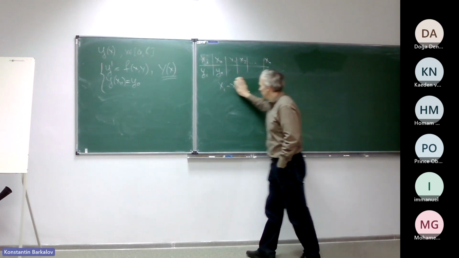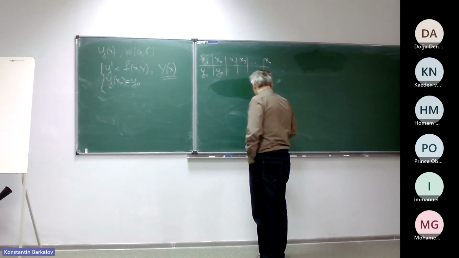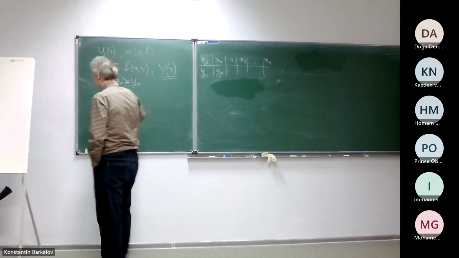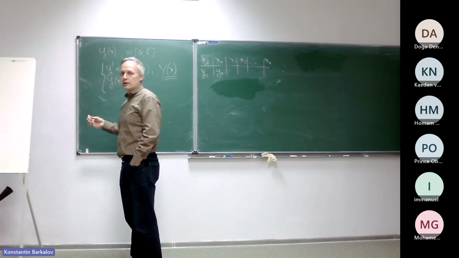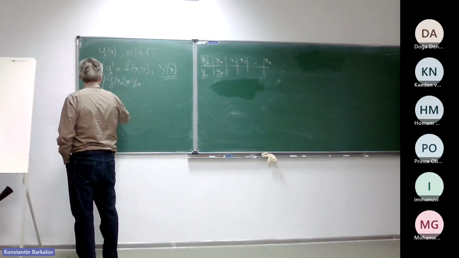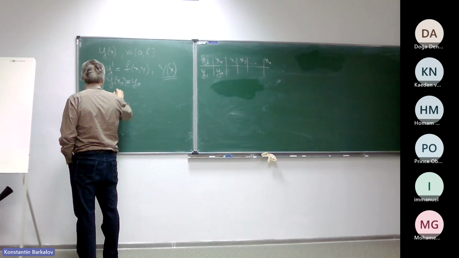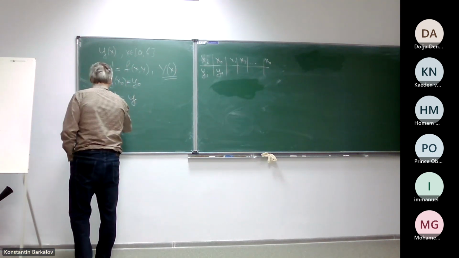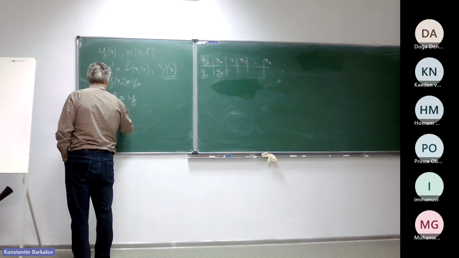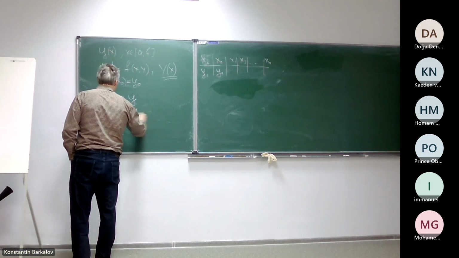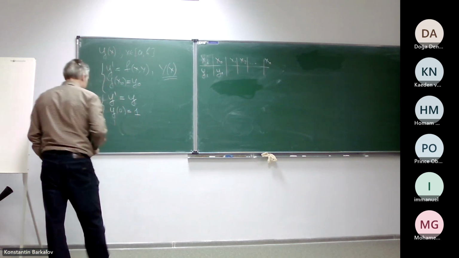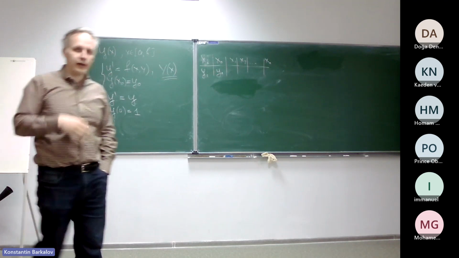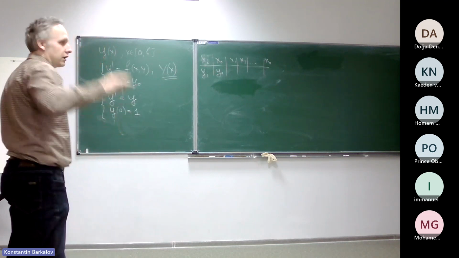Let's consider the problem from our last example: y prime equals y, and y of 0 equals 1.